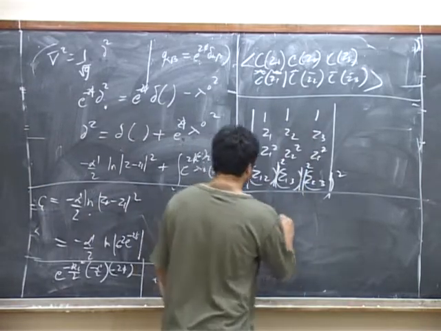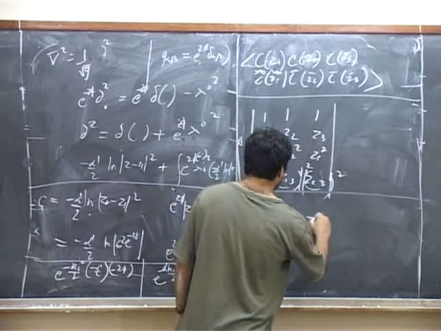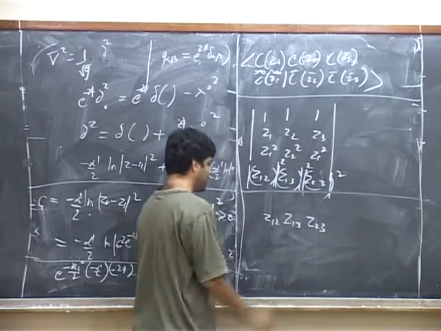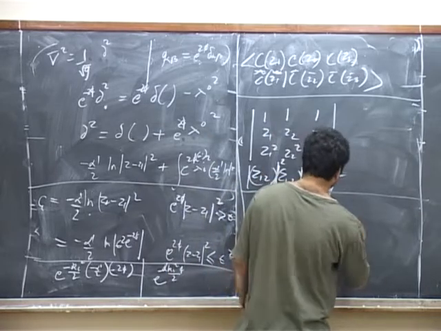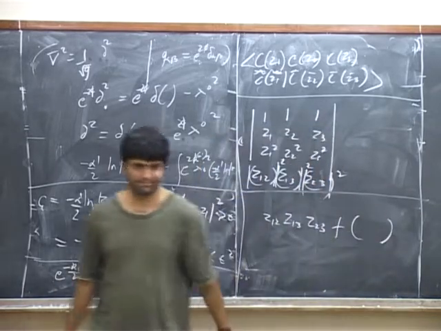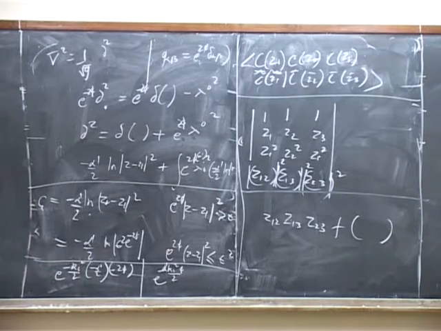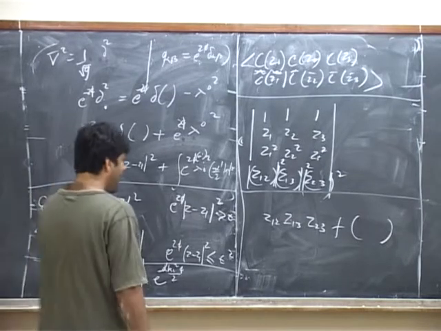So it must be of the form Z12, Z13, Z23 times some function that's analytic in the Z's, and we're not going to say anything else. Okay? Alright.